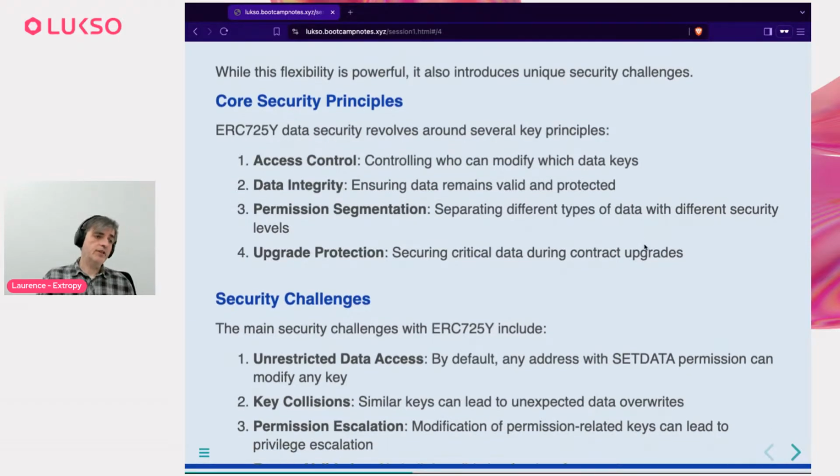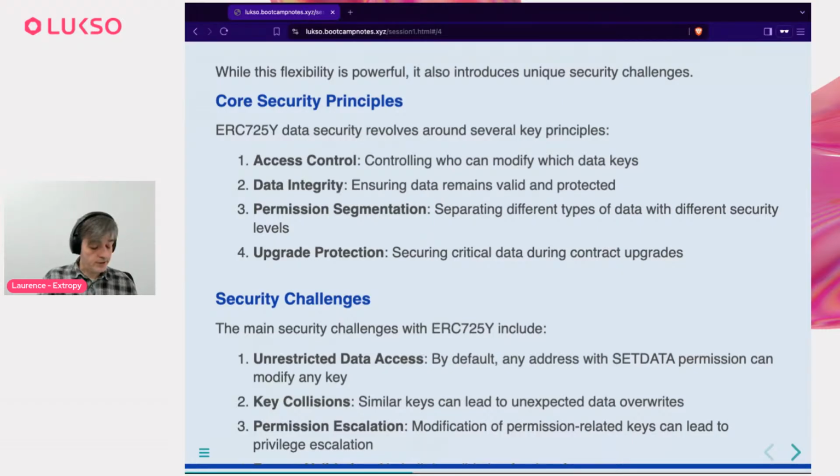Obviously, also, you're going to have things like data integrity. You're going to have rules around how the data can change and what is valid. It's important that with different types of data, you would have different security levels. And I'll certainly come on to this more when I talk about the key manager security as well. But this idea of having a hierarchy of security levels and a hierarchy of permissions is very important.